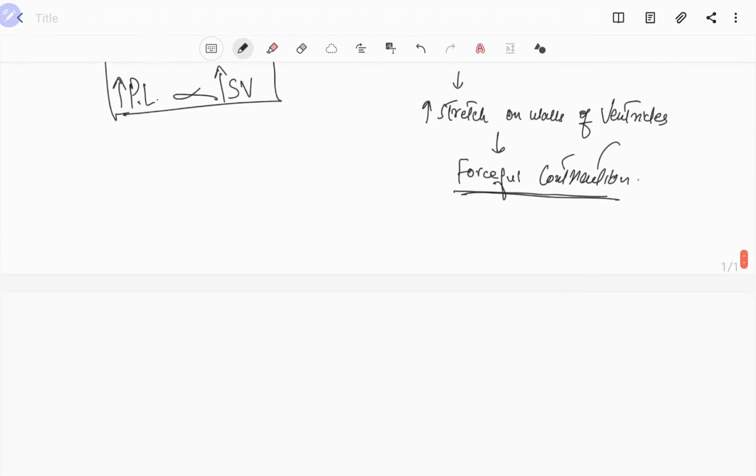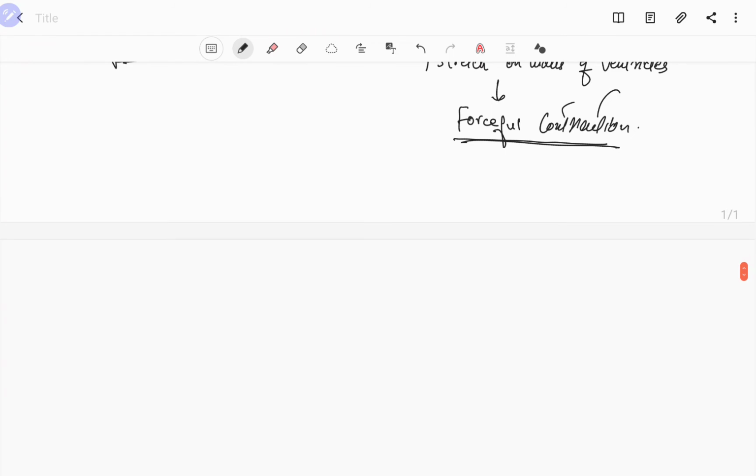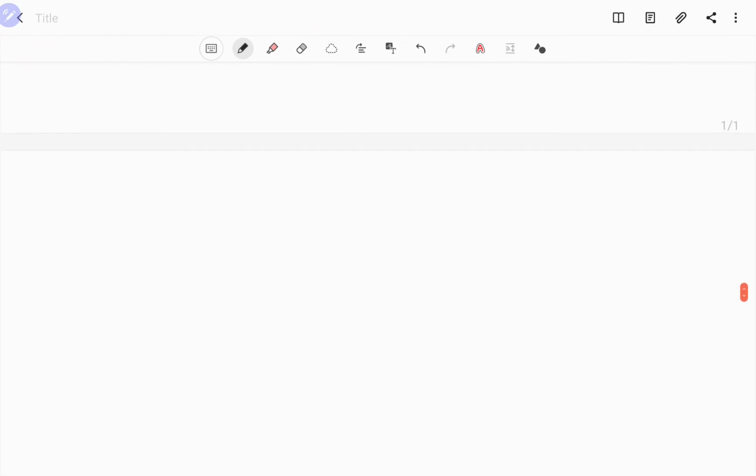Now the two main important points that a student should remember every time he is asked about these two terms, preload and afterload. In preload, whenever he is told that there is a preload, he should remember end diastolic volume.